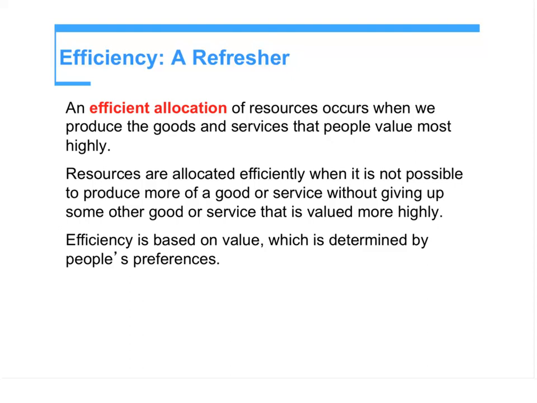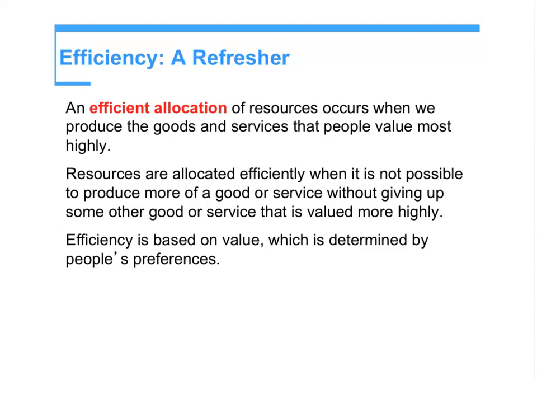So this is really important to understand: we want to produce those goods and products that people value most. So we're not just going to produce any product. We want to produce those products that give the most value to the customers. That's our goal.